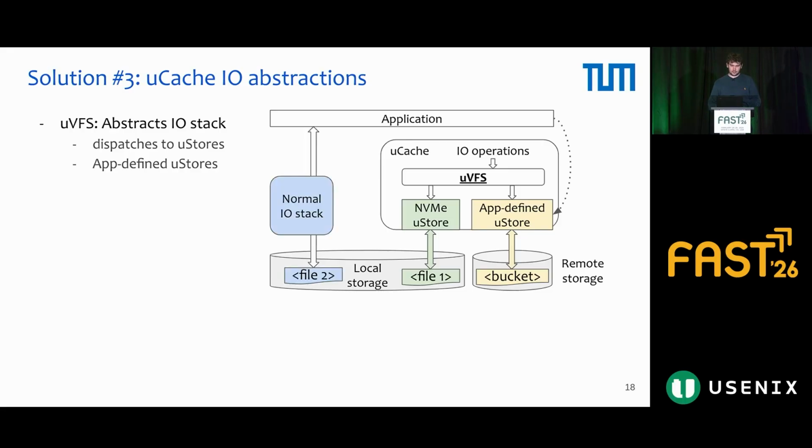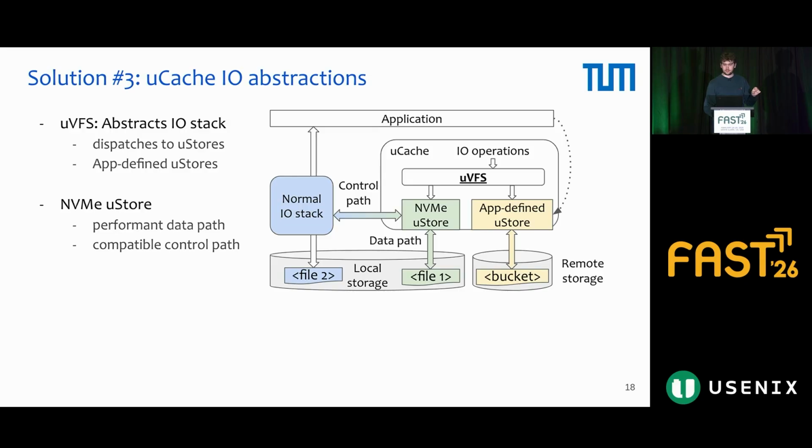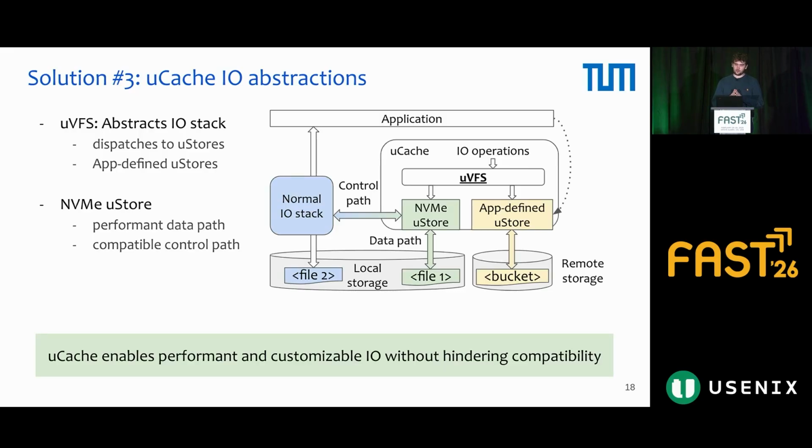Our IO layer exists in parallel to the existing kernel IO stacks. To optimize the NVMe uStore, we decouple the IO path from the control path, following the standard file system for compatibility, while the data path leverages a high-performance NVMe driver for maximum efficiency. To conclude, uCache enables performant and customizable IO without hindering compatibility.